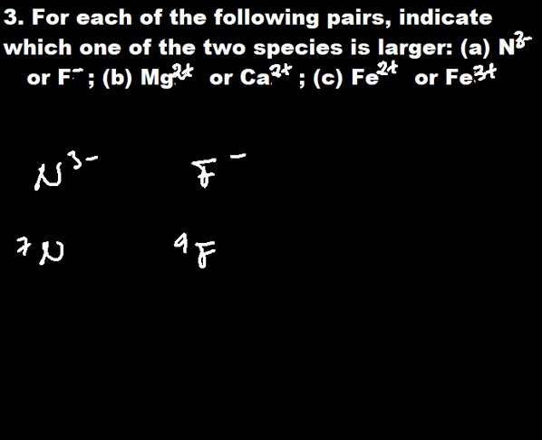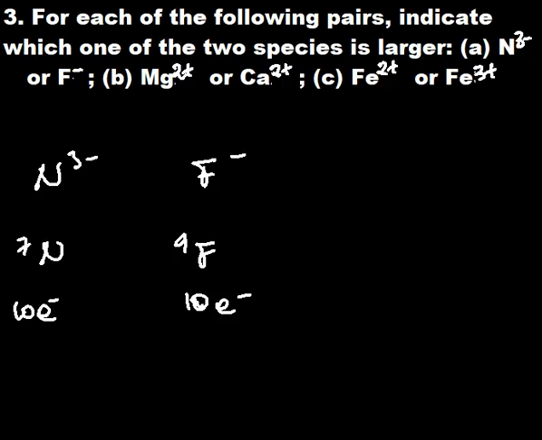In this case, for nitrogen, 3 minus corresponds to accepting 3 electrons. And for fluorine, the minus 1 corresponds to accepting 1 electron, making it have 10 electrons at the end of the day. And the nitrogen ion also has 10 electrons.